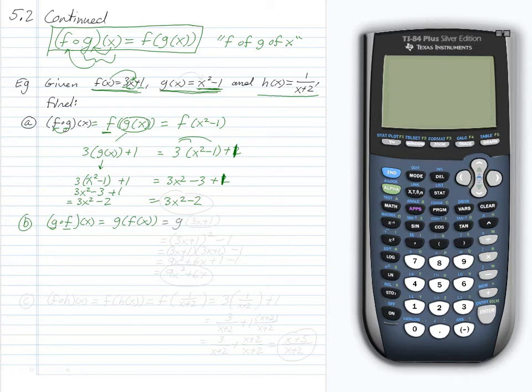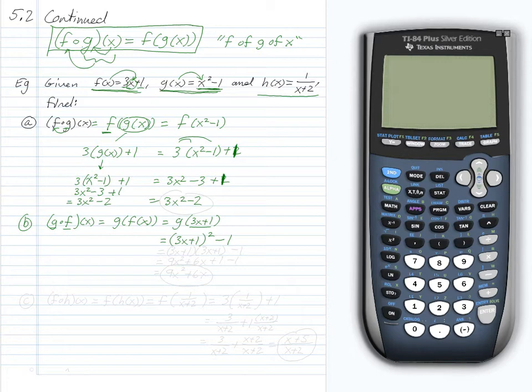This is asking us for g of 3x plus 1. And what does g do? Well, g takes its input, squares it, and subtracts 1. So we're going to take this input, 3x plus 1, square it, and then subtract 1.